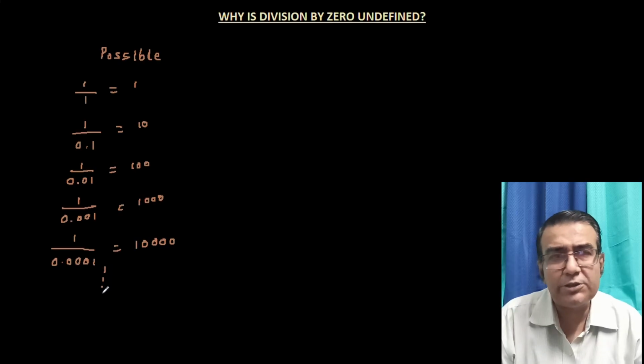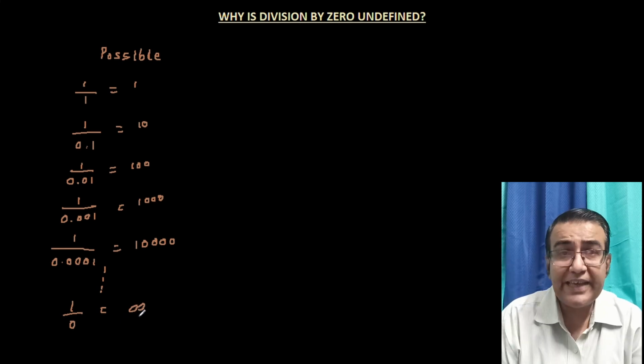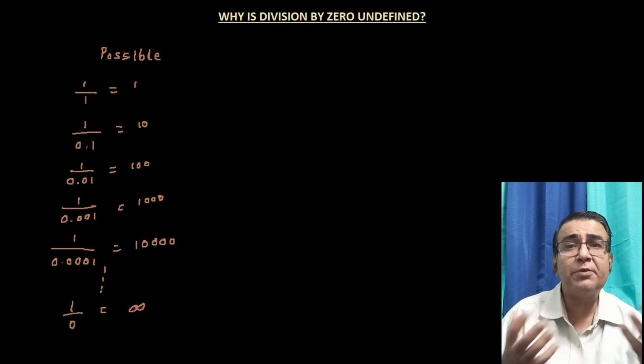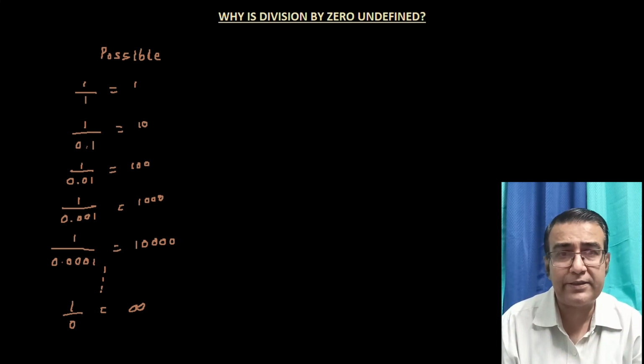So if we divide by 0, we should get a very large number which we don't even have the idea of what that number is going to be. So is it logical for me to say that 1 when I divide it by 0, I should get infinity? Yes, I see that it is perfectly logical. I don't see anything illogical with it.